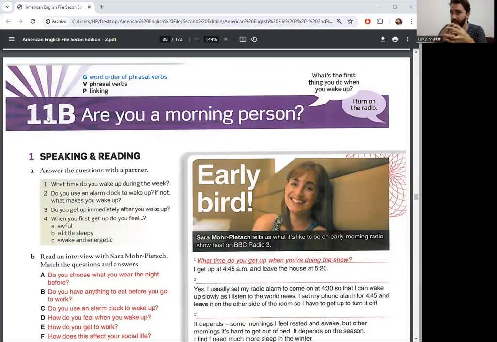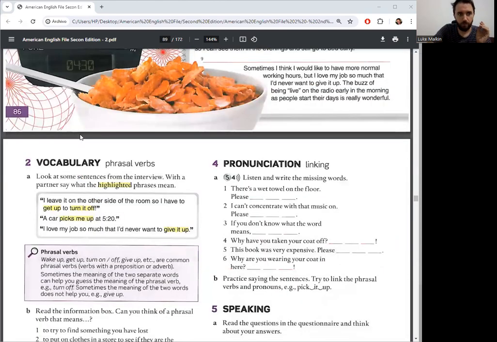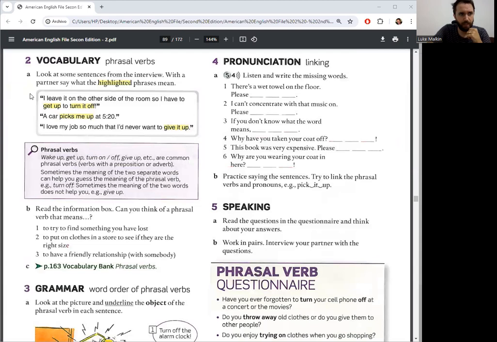Sometimes the idea of the verb and the preposition makes sense. Sometimes it doesn't. For example, phrasal verbs. Look at some sentences from an interview. We have, I leave it on the other side of the room, so I have to get up to turn it off.